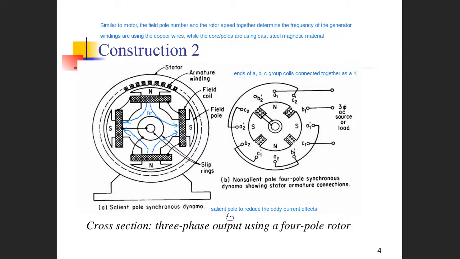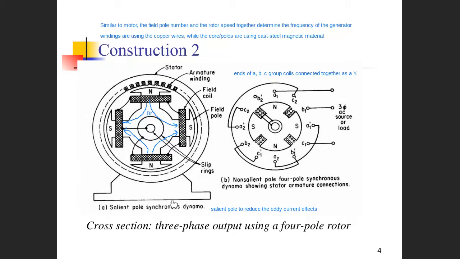There are some detailed discussions on how to configure the salient poles, which are not covered in these chapters. But if you would like to become a good engineer to design a good generator, you can read relevant materials in some books. Okay, so that's the meaning of it.